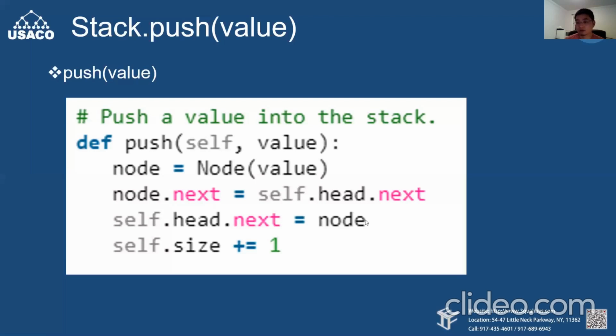What does it mean? It's a linked list, right? I make the new node's next point to my self.head.next. And then I make the self.head.next equal to the new node.